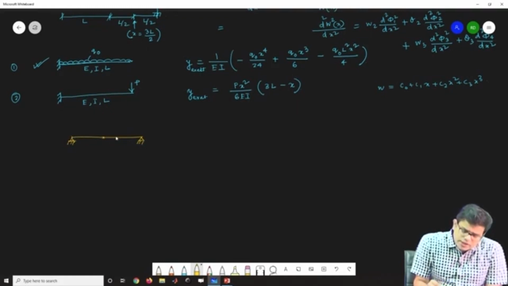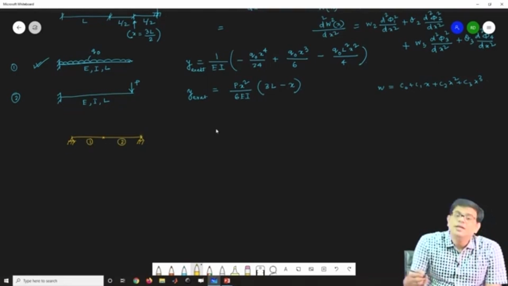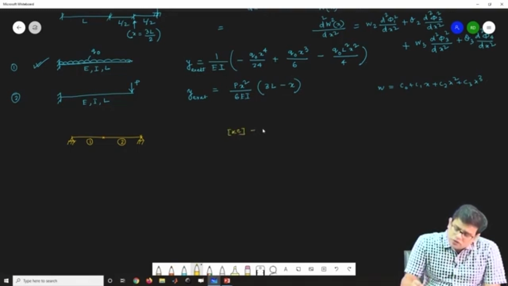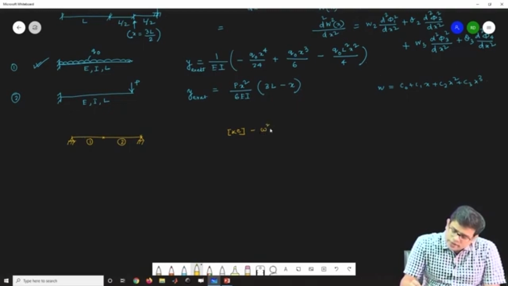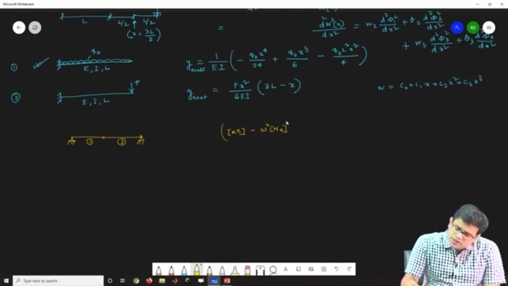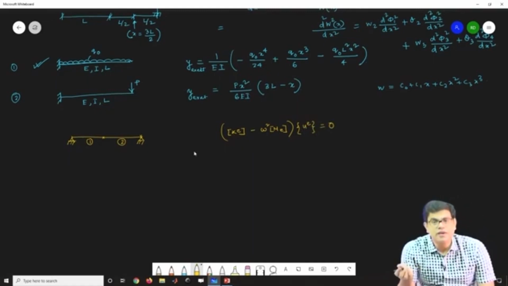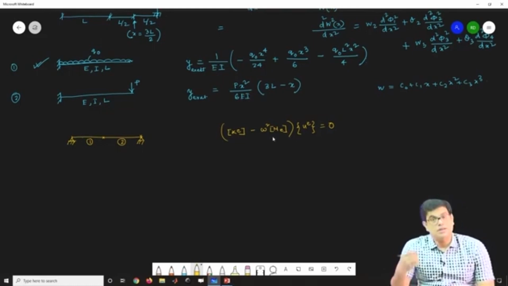Suppose we discretize with two elements, 1 and 2, then the equilibrium equation is essentially Ke minus omega square Me, multiplied by the degrees of freedom, U V, equals 0. So this is essentially the eigenvalue problem, where omega is the natural frequency.